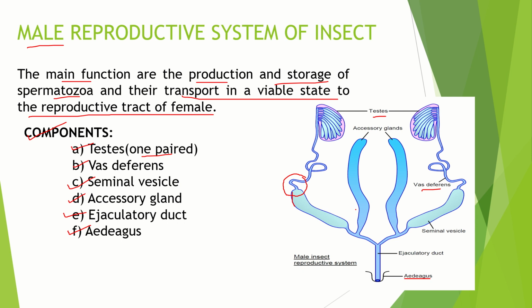The accessory glands are basically 1 to 3 pairs associated with the vas deferens or the ejaculatory duct. They function to produce the seminal fluid and spermatophore. What is the spermatophore? It is the sperm-containing capsule. This is called the spermatophore.